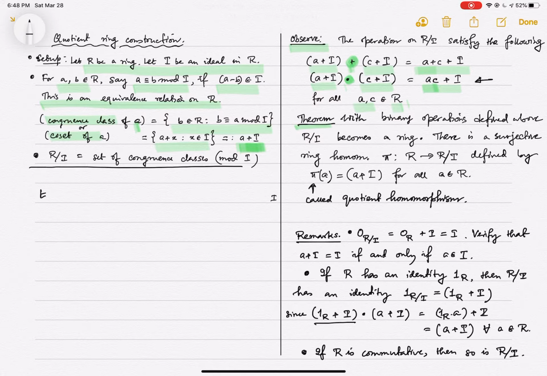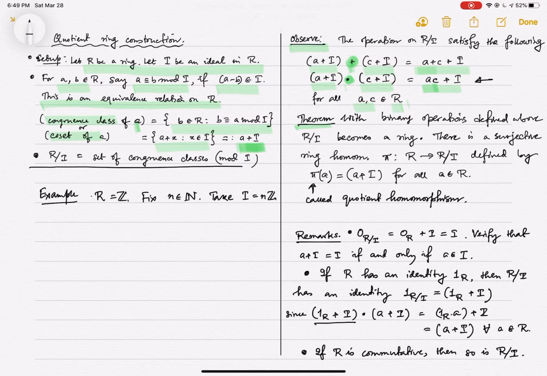So example. For R, we take Z. And you fix a natural number, 4, 7, 15, and take the ideal I to be all multiples of n, nZ.